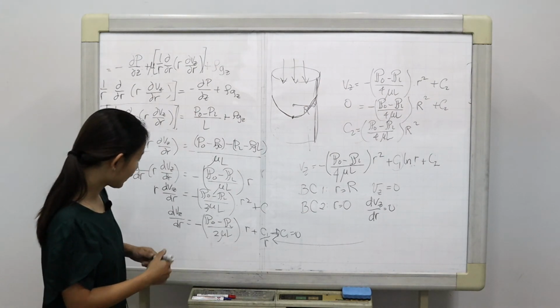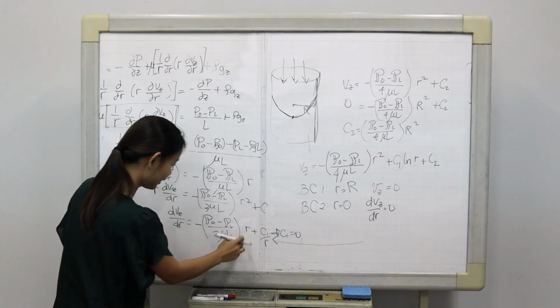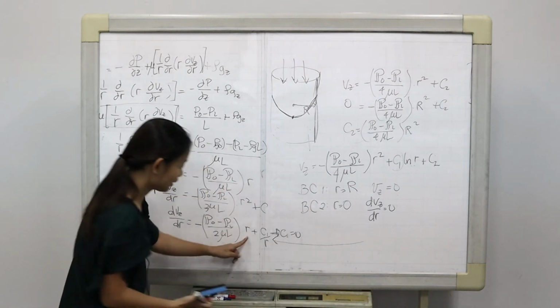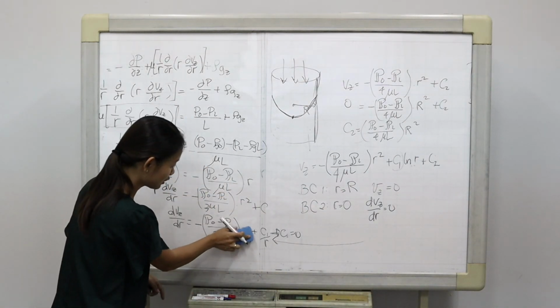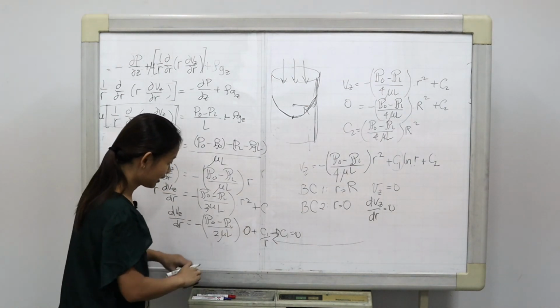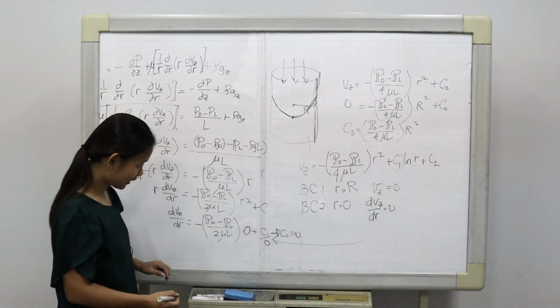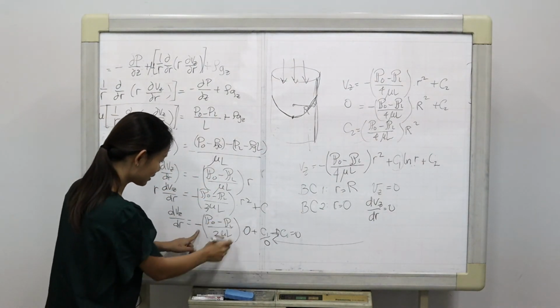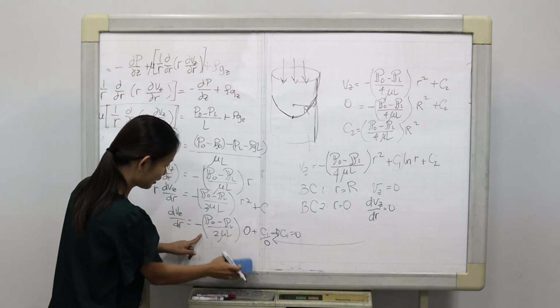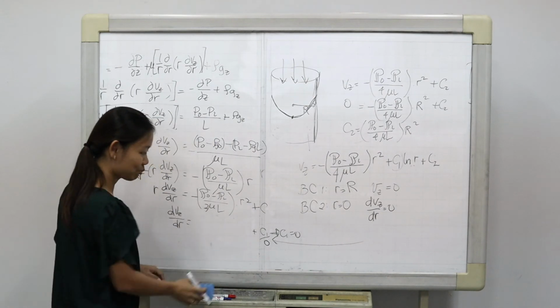So when we put 0 here, I change the R with 0, like this, and over here I put 0. Something times the 0 will give us 0, so I can erase this part.